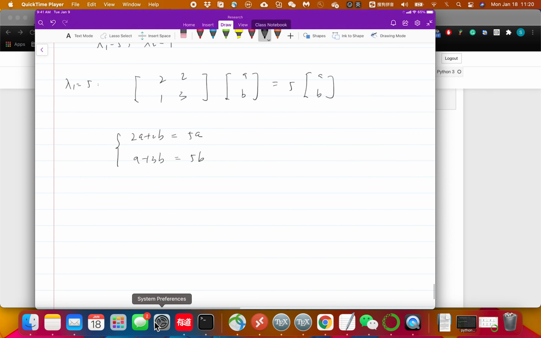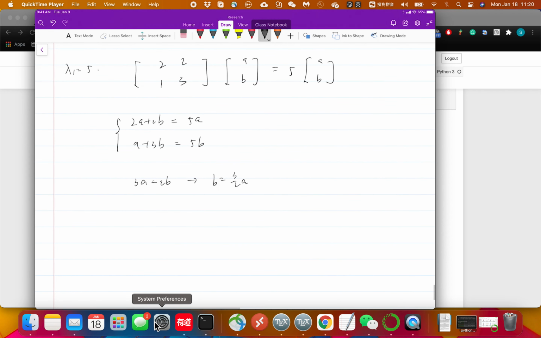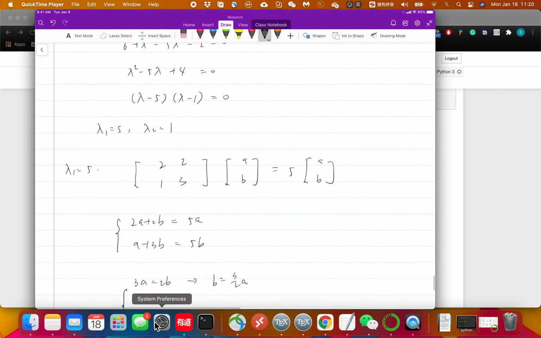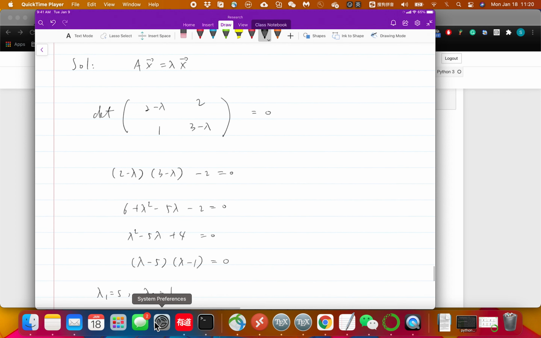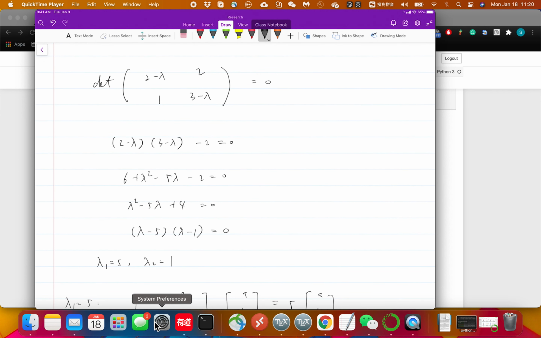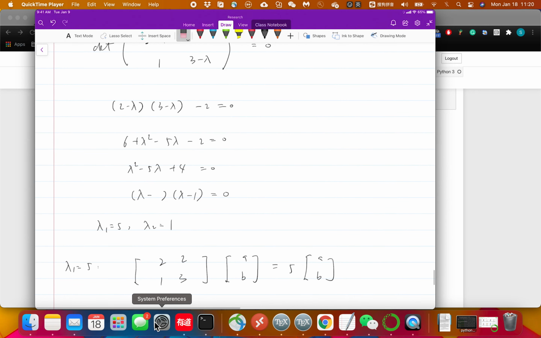Putting together, the first gives 3a = 2b, or b = 3/2 a. Hold on, am I right? The eigenvalues are 1 and 4. That's why.